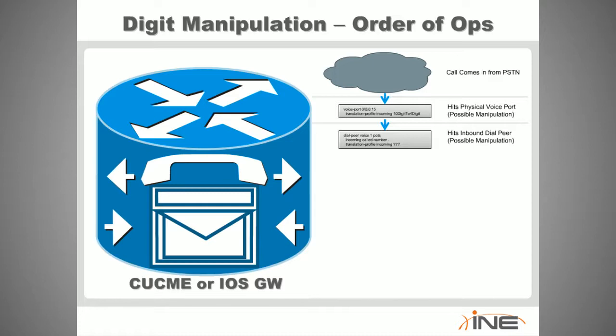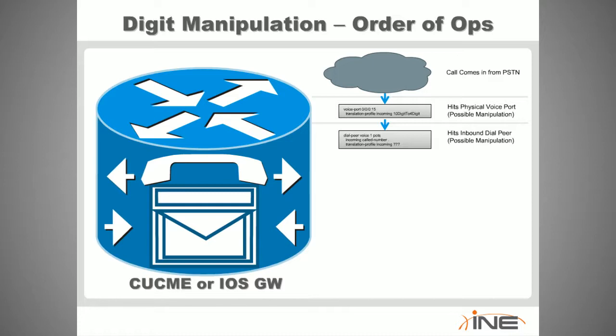If it's CAS, FXS, or FXO, so again, even T1 or E1 CAS, channel-associated signaling like E&M wink start or fast start, or E1 R2, or some form of CAS like that, FXO or FXS, we don't have this digit matching inbound order. It's simply that any of them can match in any order.